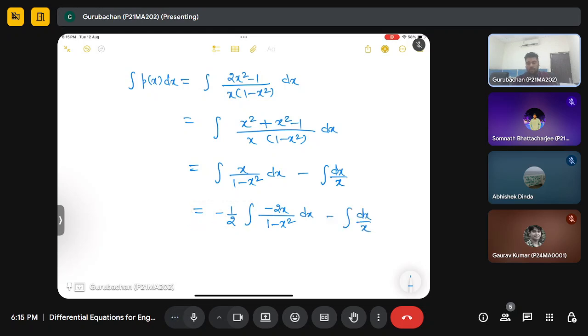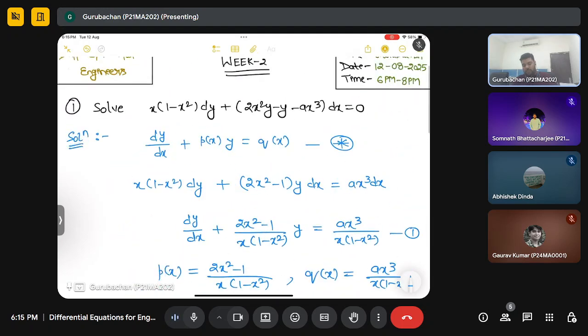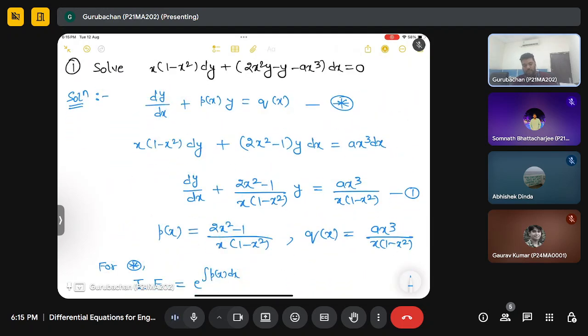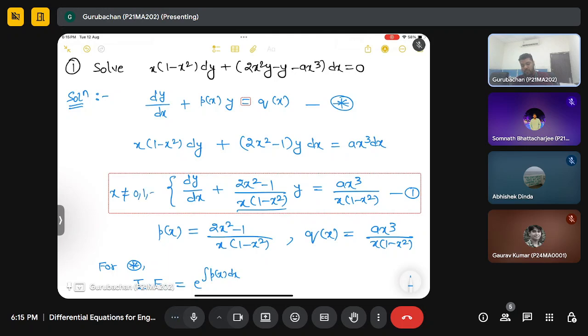From here you can also decide the domain, since you are dividing by x and 1 - x^2. The domain must not contain 0, 1, minus 1, so we need to take care of this.